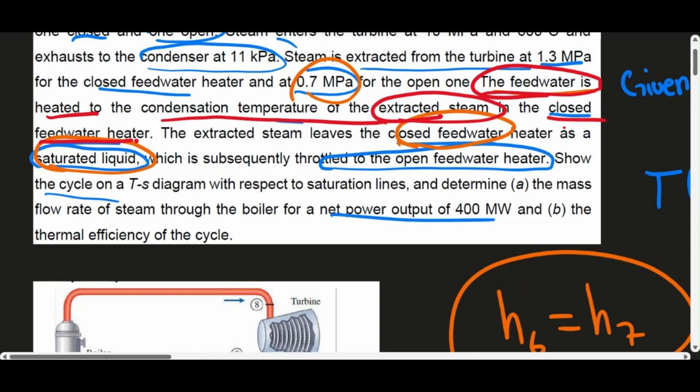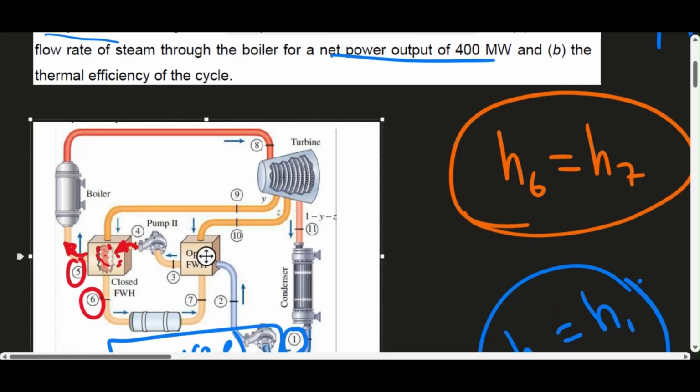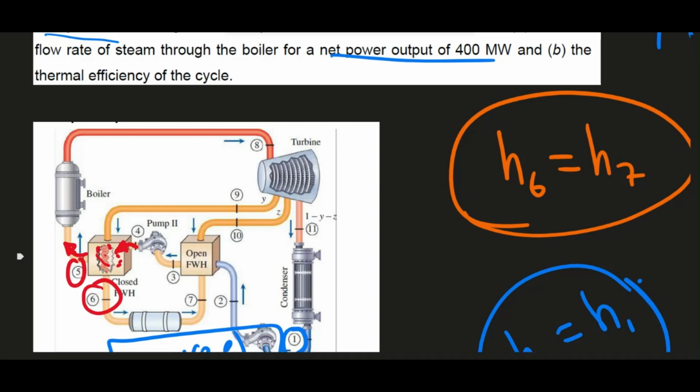The condensation temperature of the extracted steam, what does that simply mean? The extracted steam leaves the closed feed water heater as a saturated liquid. So if it leaves as a saturated liquid, I'll just read off H6 as HF at a pressure of 1.3 megapascal, and the saturation temperature at 1.3 megapascal will be the same temperature for H5.